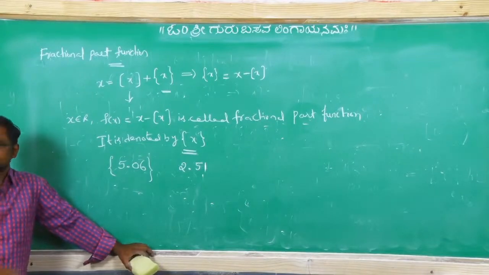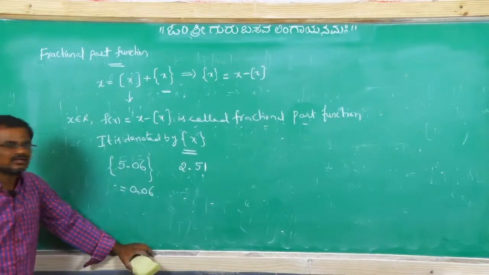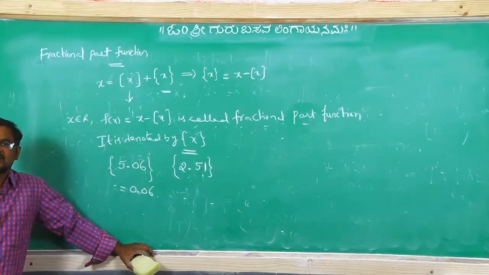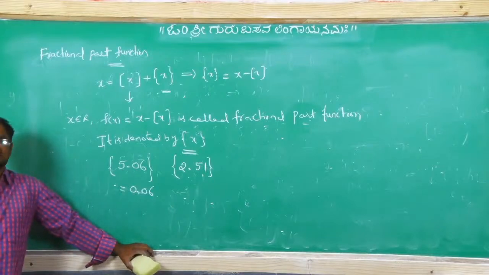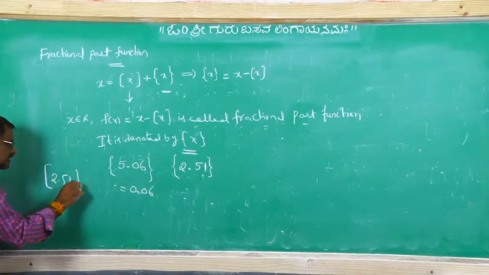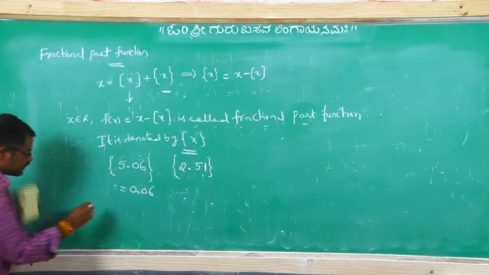Fractional part they are asking. So we have to write 0.06. Suppose in 2.51 they ask for the integral part, what do we have to take? 2 we have to take. Okay, no? Right.